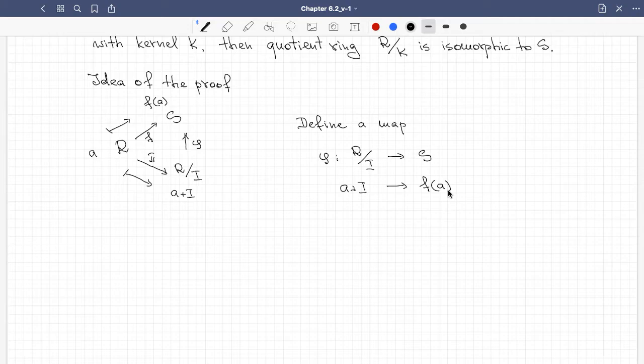Now, in order to conclude the proof, we want to claim that this map, phi, is an isomorphism.